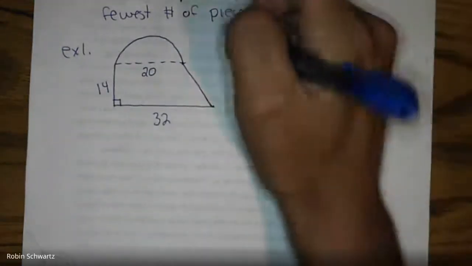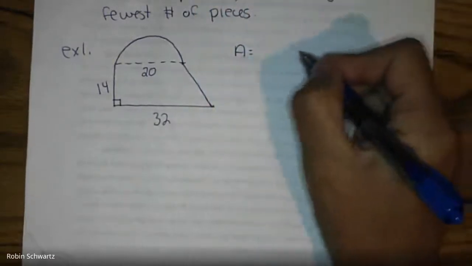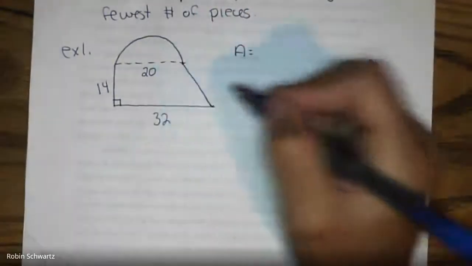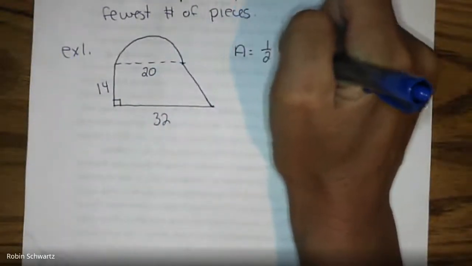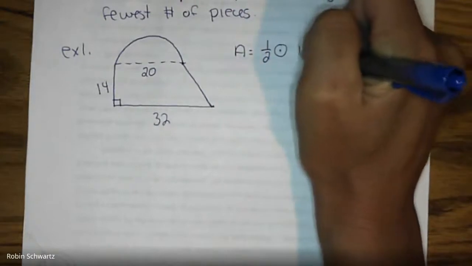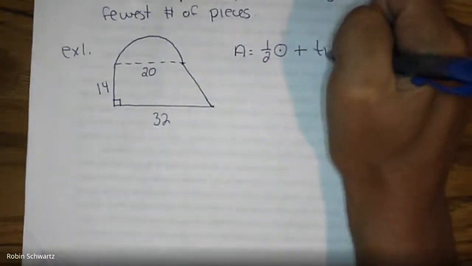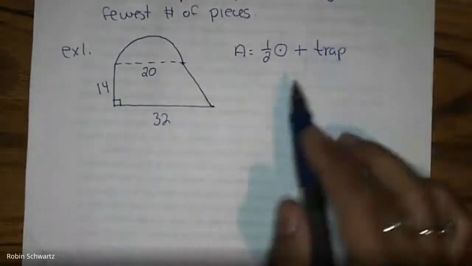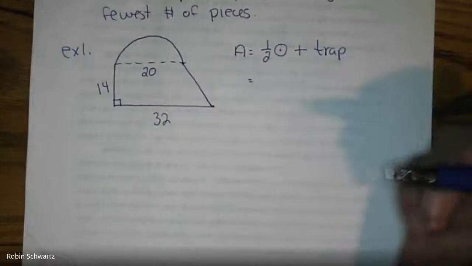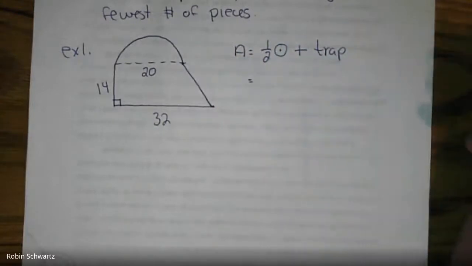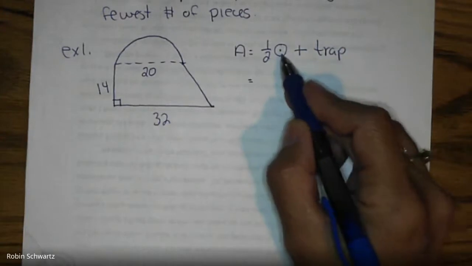So the way I want you to do homework is to first, just with words or symbols, tell me the fewest number of shapes you see. So I see a half circle, and I'm going to add to that a trapezoid. So there it is in words. That's my plan. Now I want the formulas from your little note card. A circle is pi r squared.